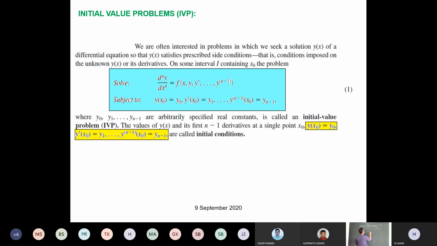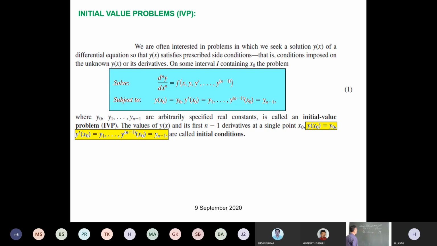So I can write it as what? Can somebody tell me? N minus 1. Yes, it is the n minus 1th order derivative here.